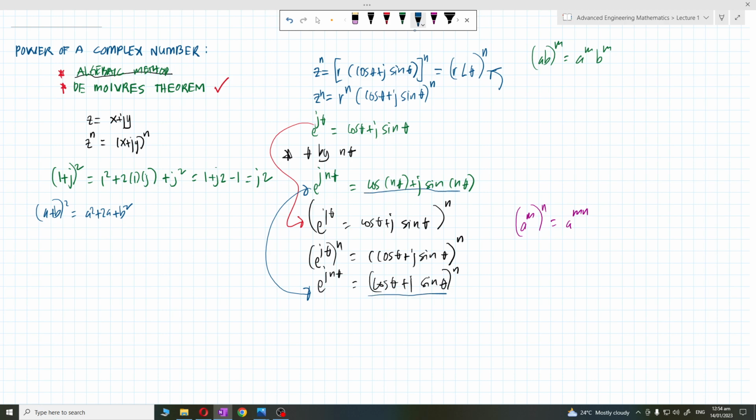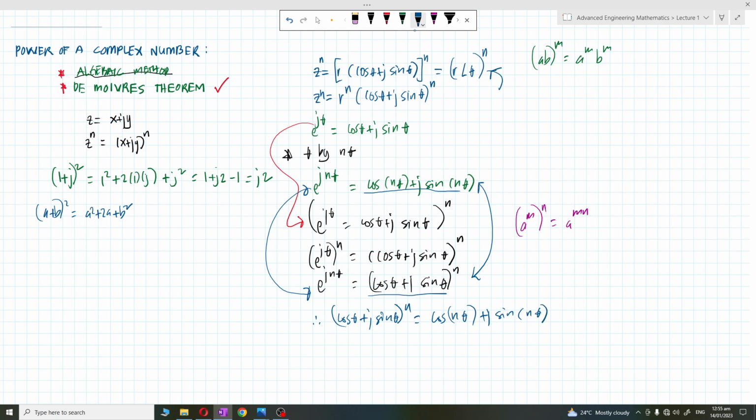The left side is the same, which means the right side should also be equal. Therefore, the cosine of theta plus j sine theta raised to n is the same as cosine of n theta plus j sine of the quantity n theta.